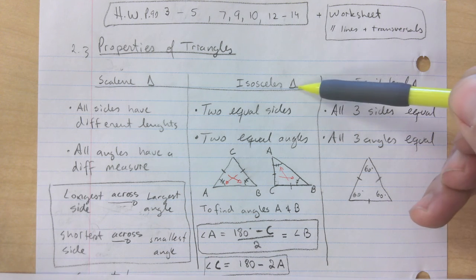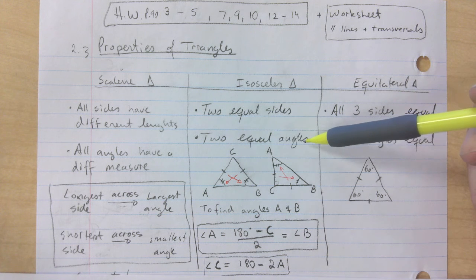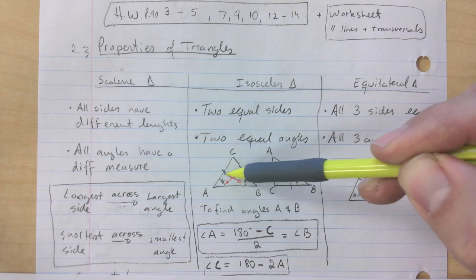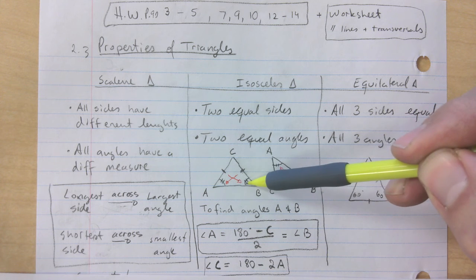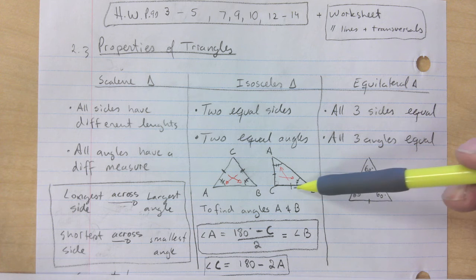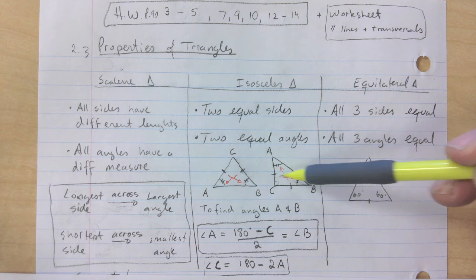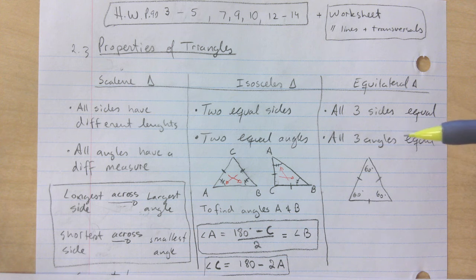When you have an isosceles, two equal sides and two equal angles. And notice that if the sides are equal, then the angles across those two sides are going to be equal as well. So I drew it like this, where these two sides are the same, and then you know the angles across from them are the same as well.